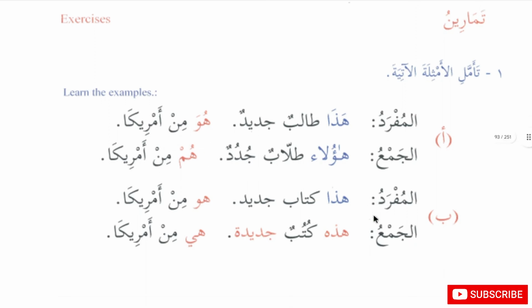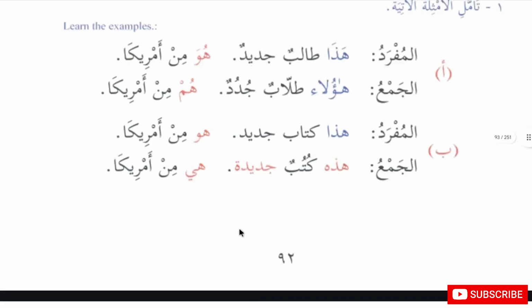He is from America. المفرد: هذا كتاب جديد. This is a new book. هو من أمريكا. الجمع: هذه كتب جديدة. These are new books. هي, because again it's female singular, it will change in the grammar. هي من أمريكا. They are from America.